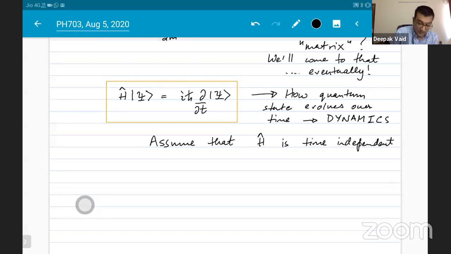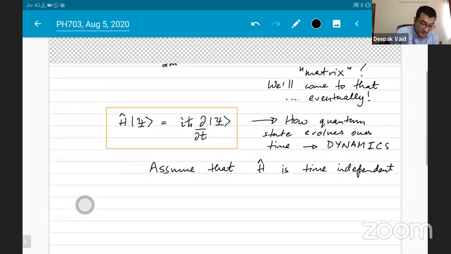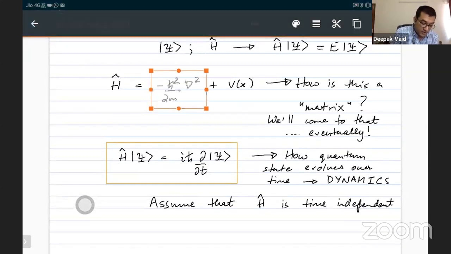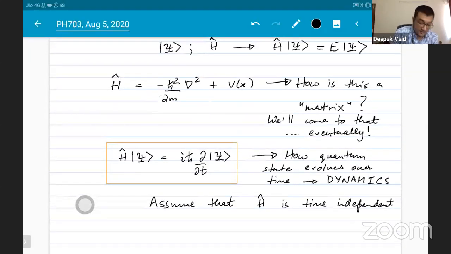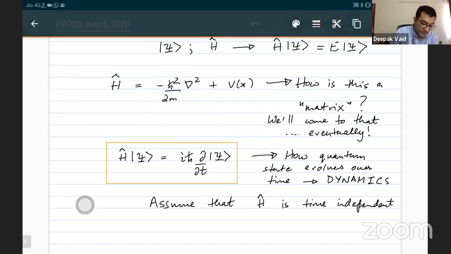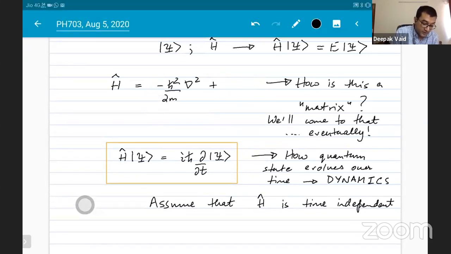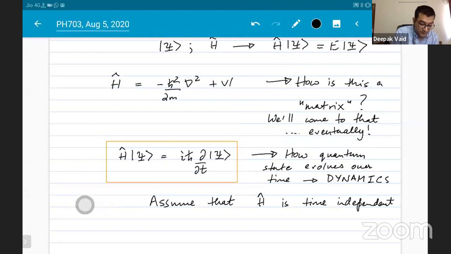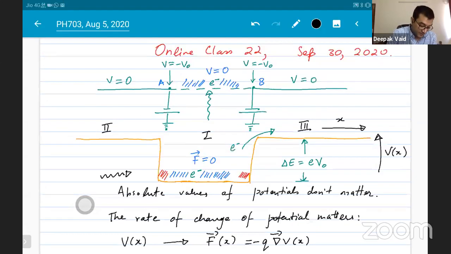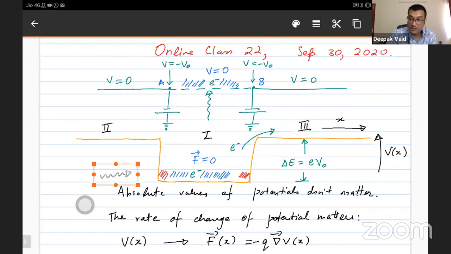What that means is that this term is already time independent, right? There is no time variable here. But this external potential term can, in general, be a function of time. As an example, consider a photon which comes into the system, interacts with the electron and then leaves.